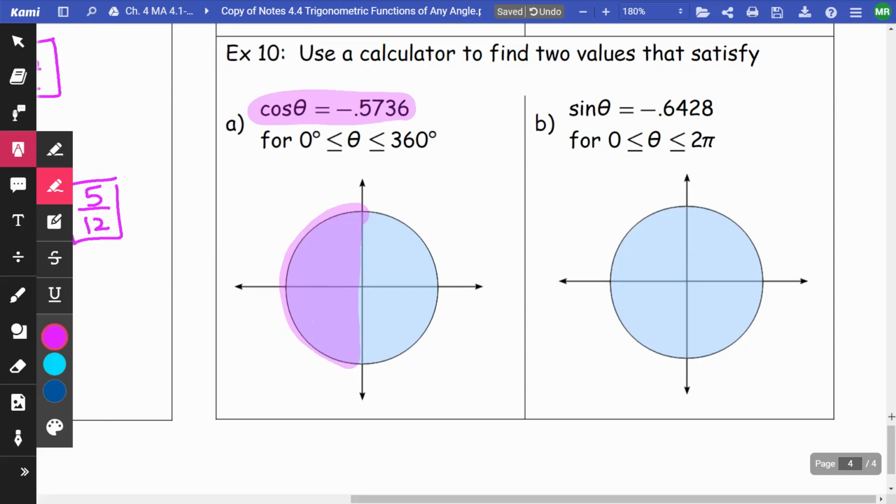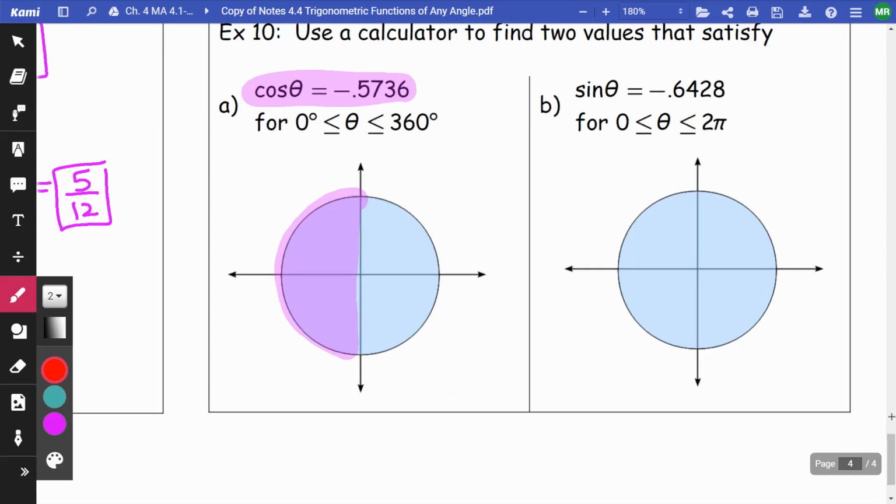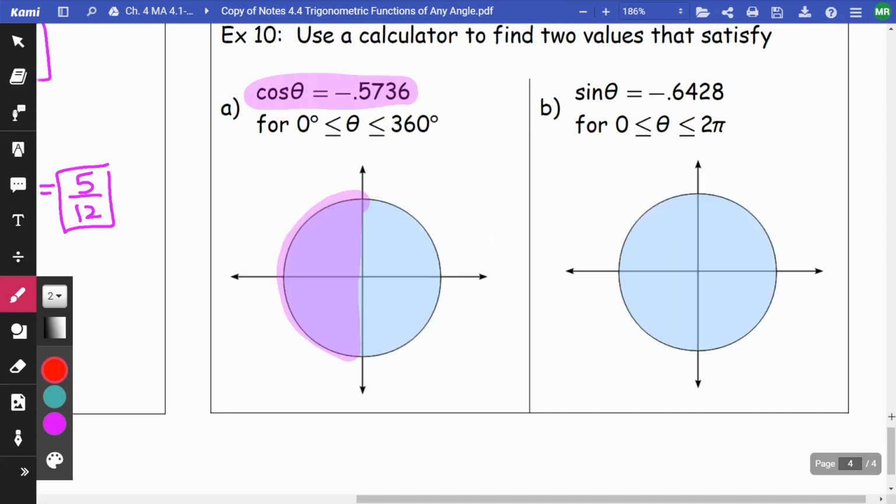So I'm going to be looking within those. Now, what I'm going to do is find this as a reference angle. Instead of thinking of getting it on the negative side, having this be the negative, I'm going to find it as a positive.